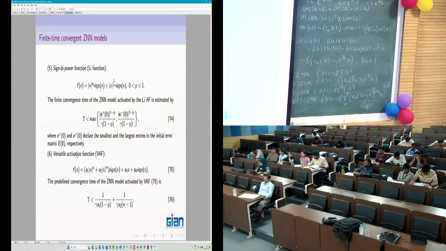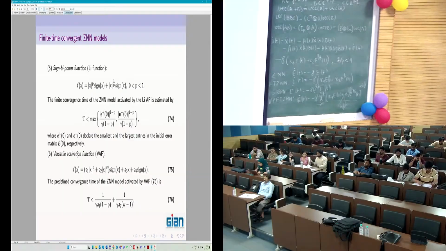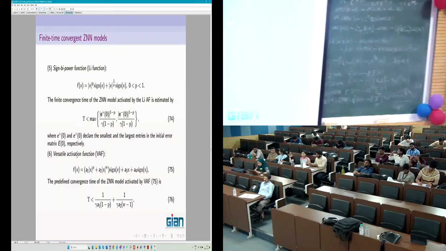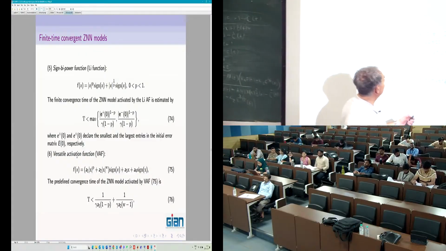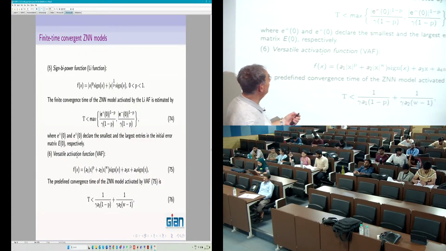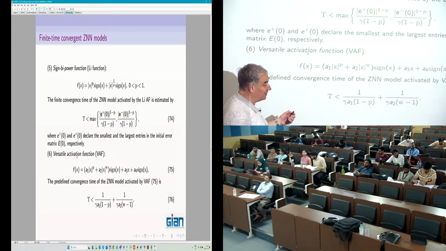Here is the estimation of finite time convergence. The activation function gives finite time convergence expressed by 74. E plus is the maximum value in the error function E of 0.